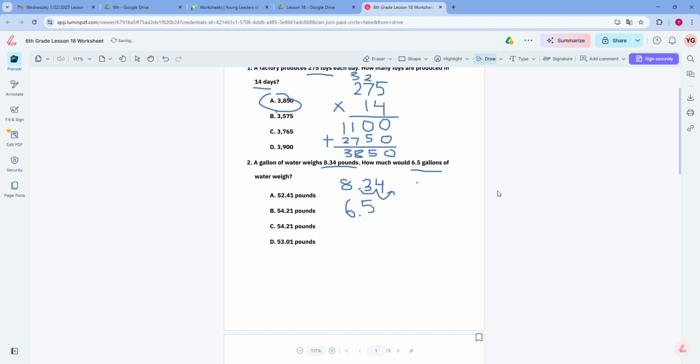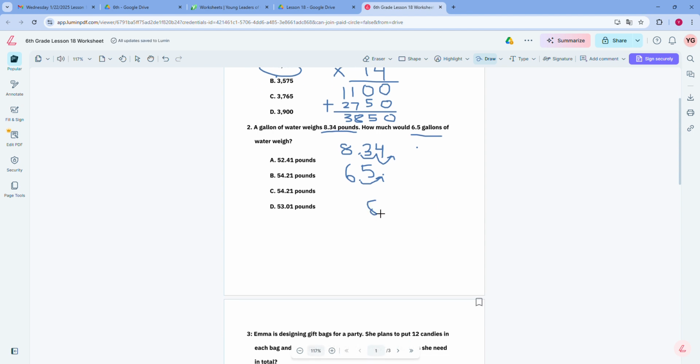So that would be 2 decimal places for 8.34. And then for 6.5, you want to move it 1 decimal place. And now we can multiply our numbers. But you want to make sure to not forget that you took out the decimals, because if you do forget them, then your answer will be wrong.